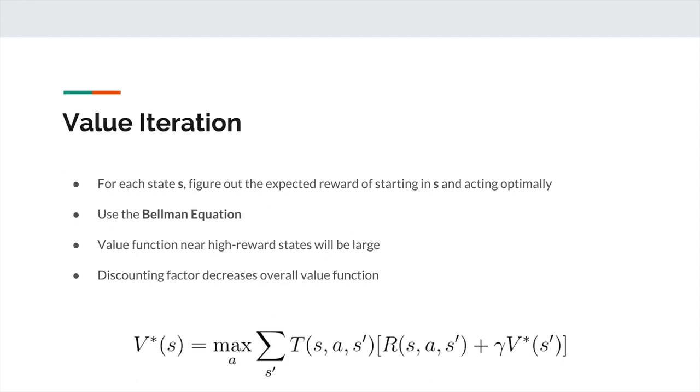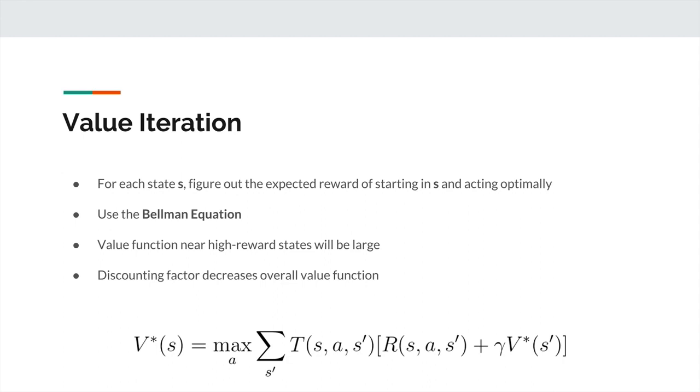I'll explain it. And so with our value function here, based on your intuition, you can figure out that the value of states near high reward states will also be large, because if we're in a state that's right next to a high reward state, in other words, we're next to like a green square, then the expected reward of being in that state and taking the optimal action is going to be a large value.